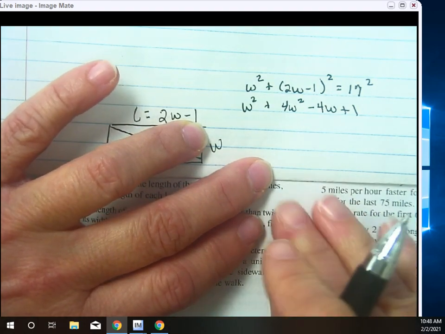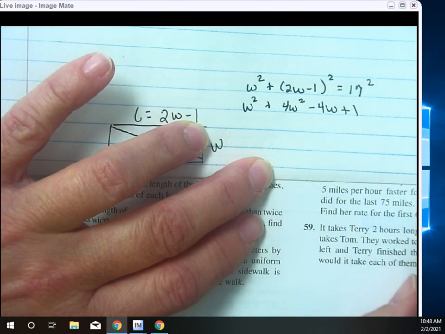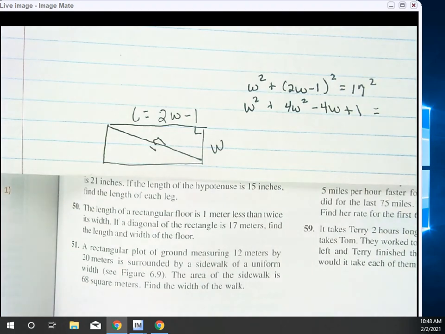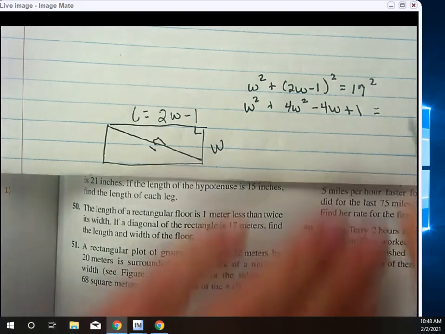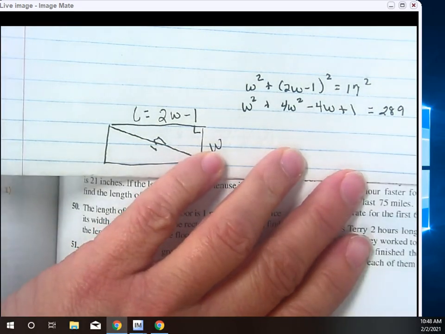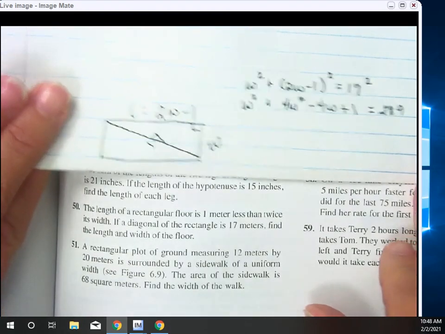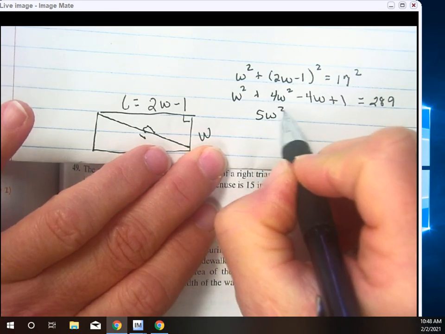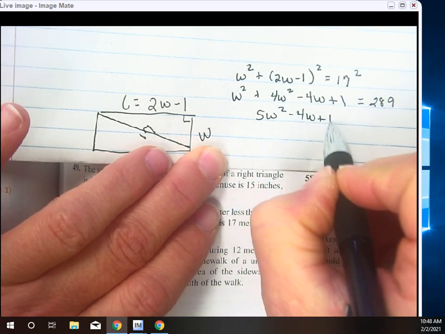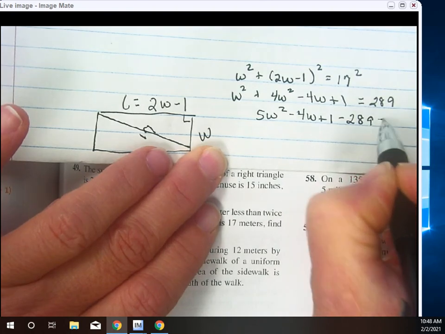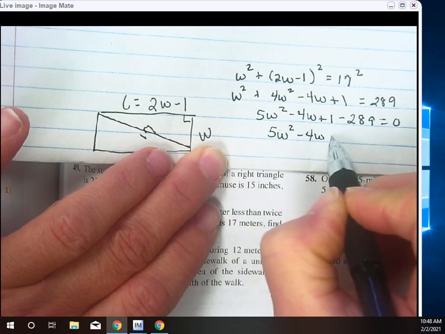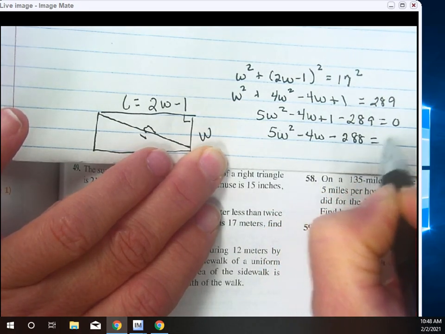And that will save you from writing it out and having to FOIL it. 17 squared is 289. Have I lost anyone? Combine like terms. 5W squared minus 4W plus 1, subtract the 289, equals 0. 5W squared minus 4W minus 288 equals 0.